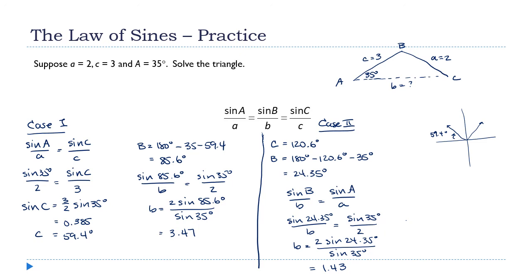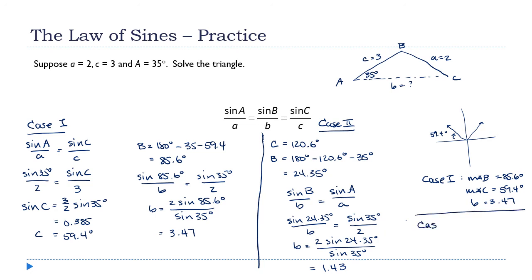Okay, now, I got a little sloppy on this with my previous example. Be sure you're answering the question, especially on this one where we came up with so much information. I'm going to summarize my results here. Case 1, we had measure of angle B equals 85.6 degrees, the measure of angle C equals 59.4 degrees, and side B was 3.47.